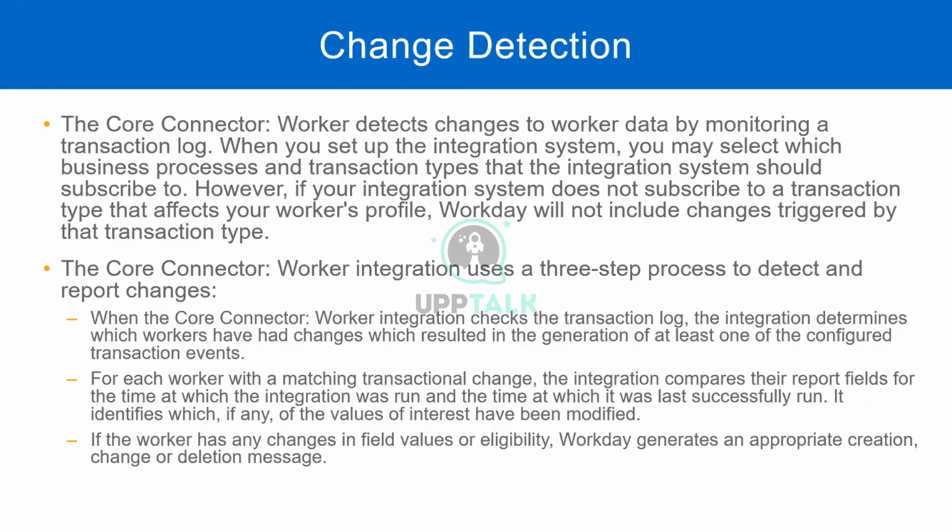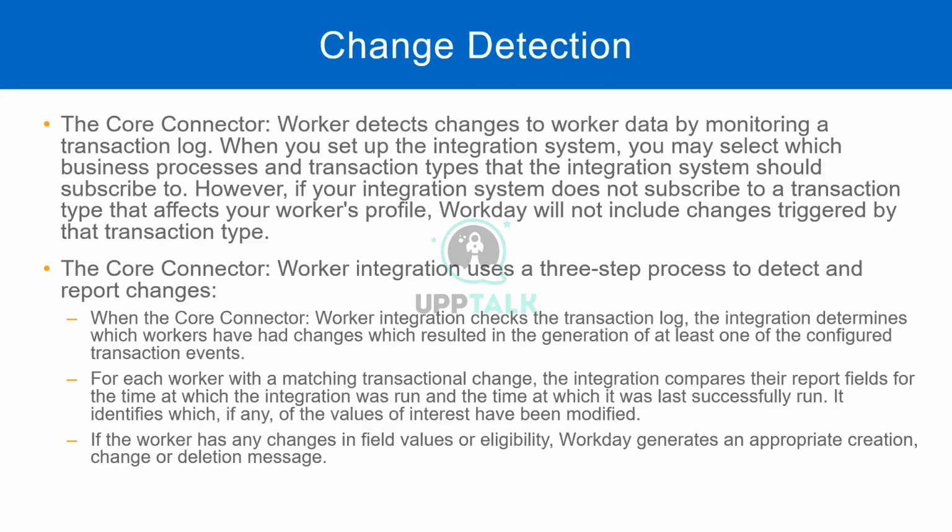Now then it will think, okay, if the worker has any changes in the fields, values of eligibility, etc. Then Workday will say, okay, whether it's a new addition, it's an update, or is it a deletion? Correct. Understood, more or less getting the point. How Workday does the change detection.